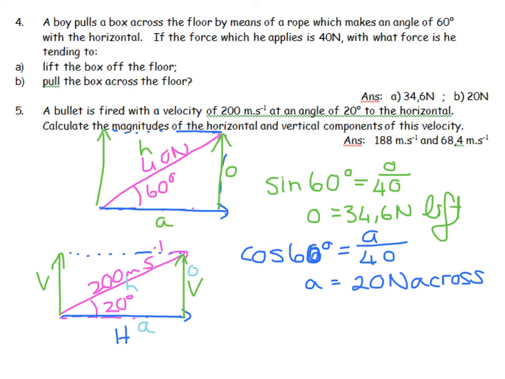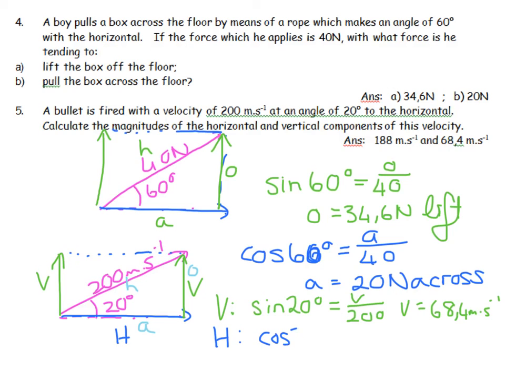So I will say the vertical component, firstly, sine of 20 degrees is equal to the opposite side, which I do not know, over the hypotenuse, 200, and I land up with the vertical component being 68,4 meters per second.